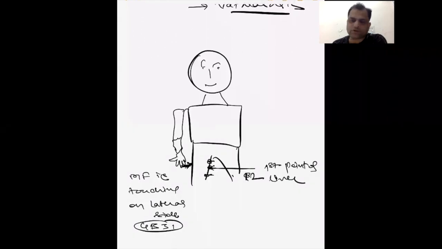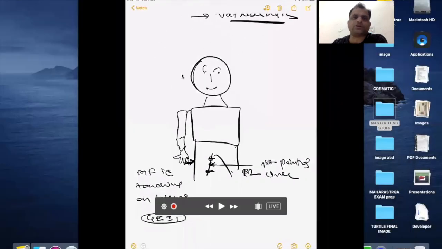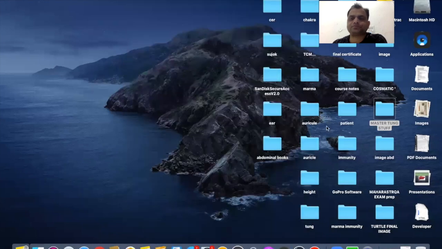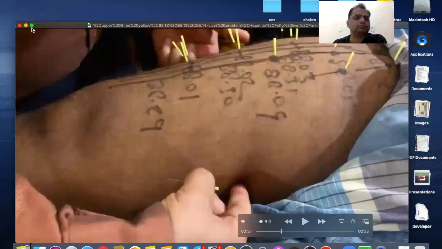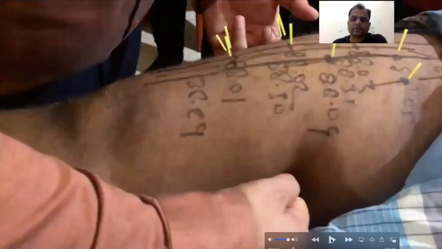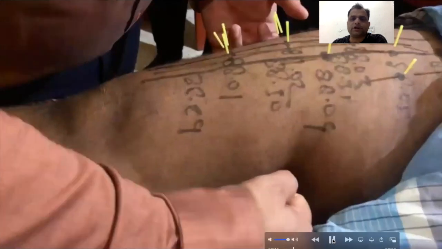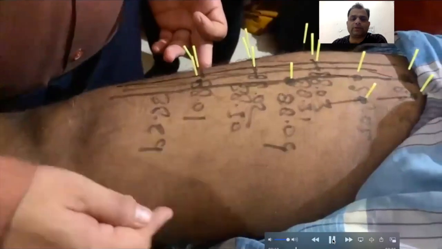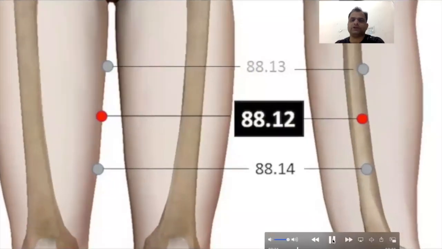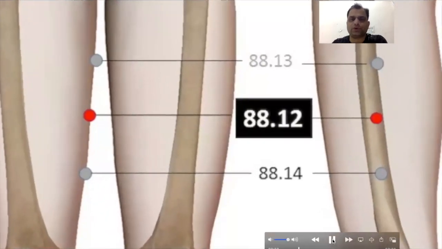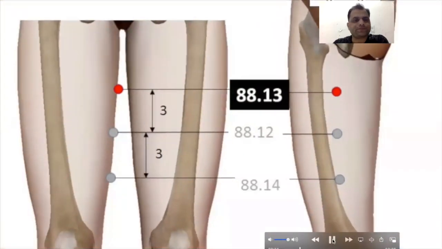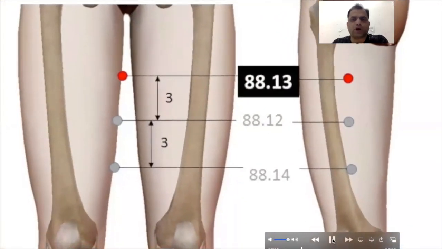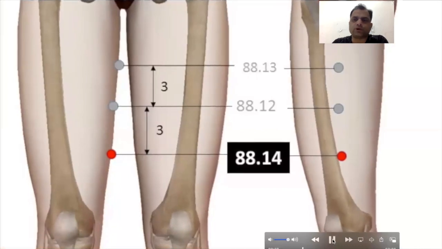So let's see our demonstration video once again. Look at this image. I am going 7 chun up on the medial part of the thigh. That is the location of 88.12, or point number 12. 3 chun up and 3 chun down, we will locate 2 more points.